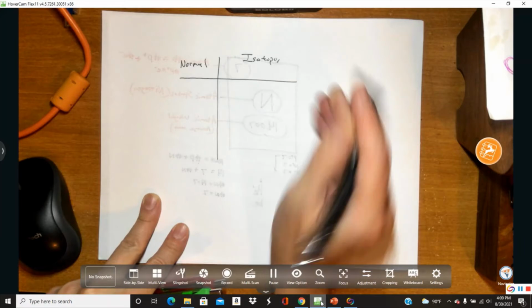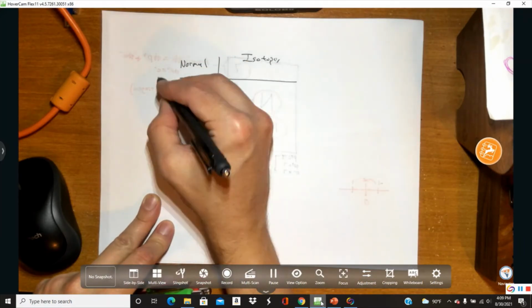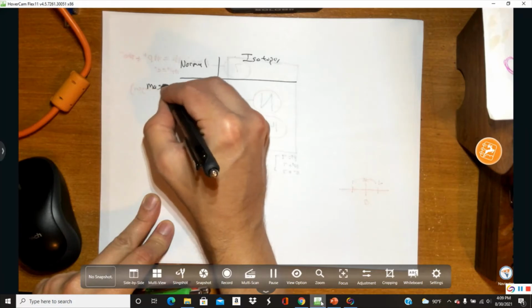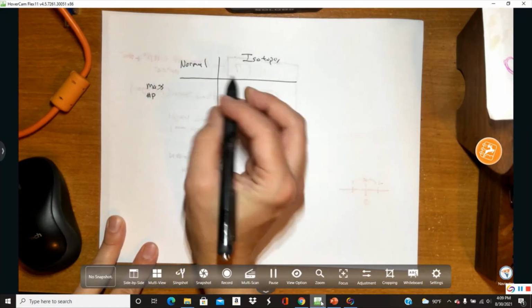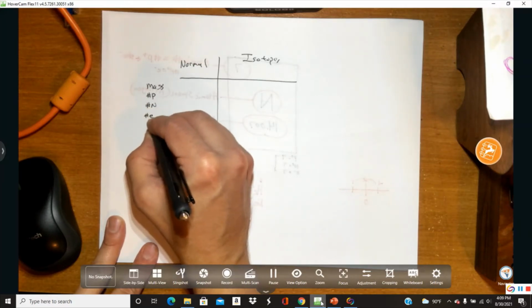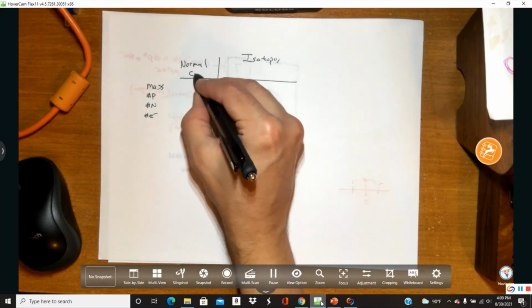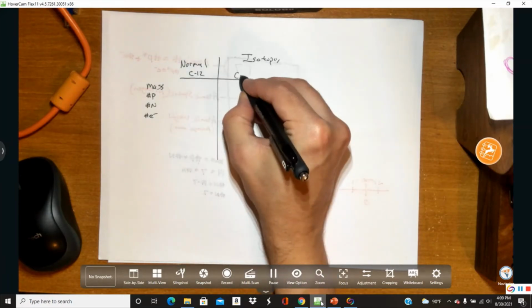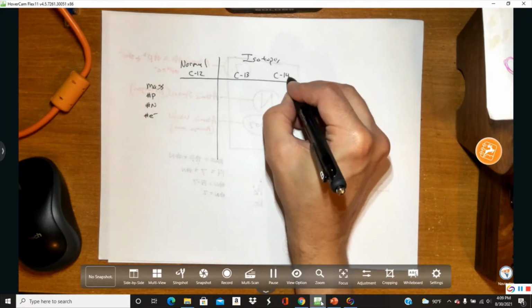Let's say I've got the mass, the number of protons, the number of neutrons, and the number of electrons. Now, we have what is called carbon 12, carbon 13, and carbon 14. These are the isotopes.